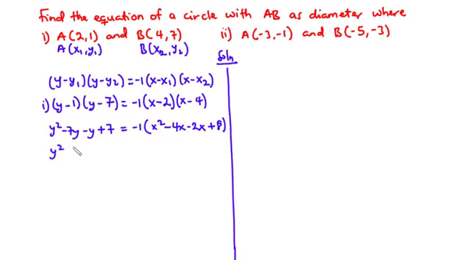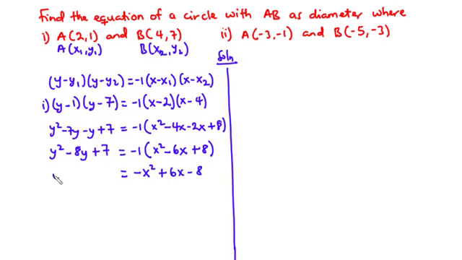So this becomes y squared minus 8y plus 7 equals negative 1 times x squared minus 6x plus 8. At this point, we can multiply negative 1 across. So we have negative x squared plus 6x minus 8 equals y squared minus 8y plus 7.